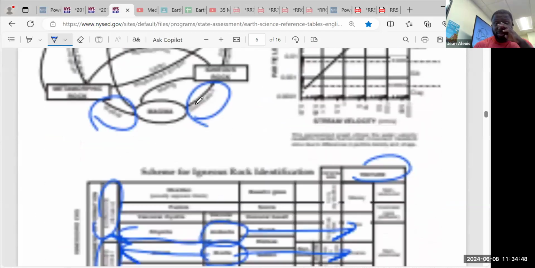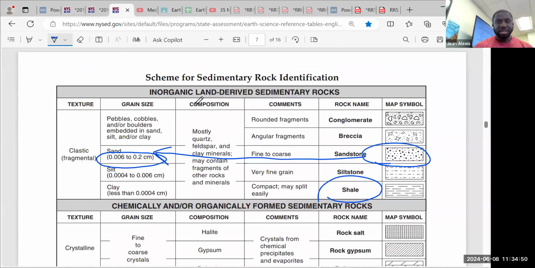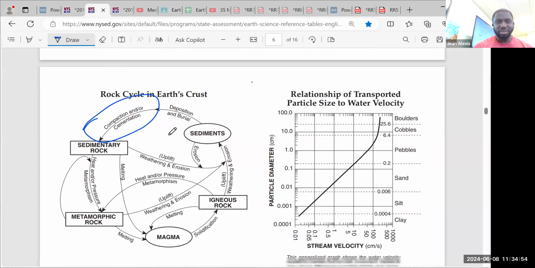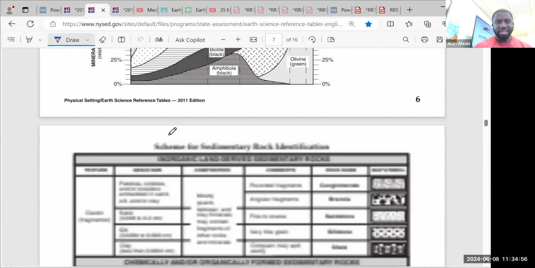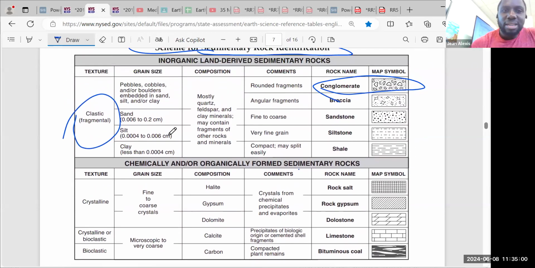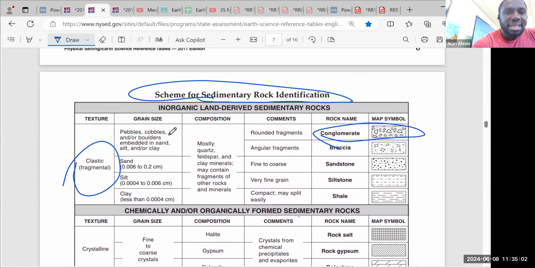Hold on. Let me scroll. No, this is the wrong one. Here we go. It was right here. The map symbol for conglomerate, right? They tell me that it is a sedimentary rock. So rock unit A is a sedimentary rock because the map symbol right here is conglomerate.